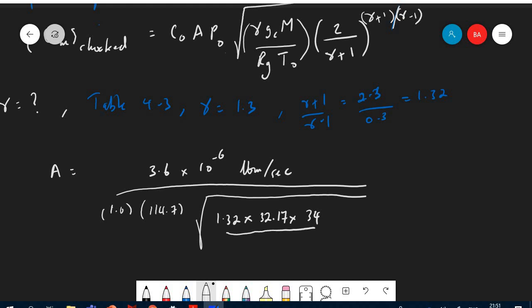Over the universal constant, and the universal constant here is 1545, that fits all the units that are there, into 540 Rankine.